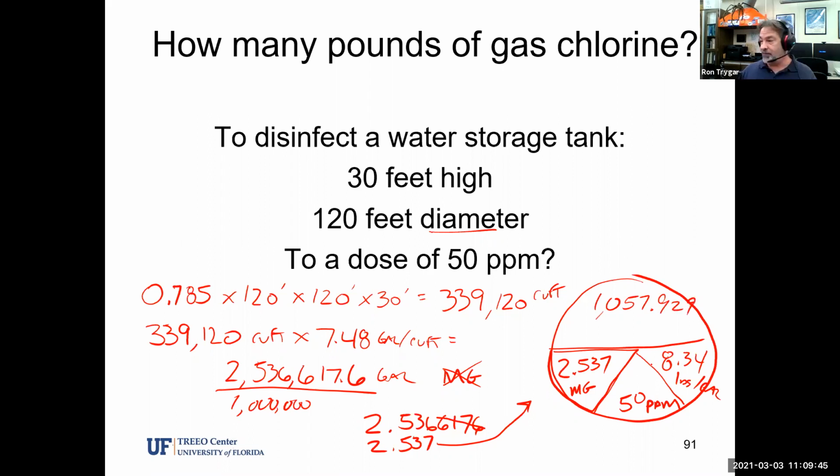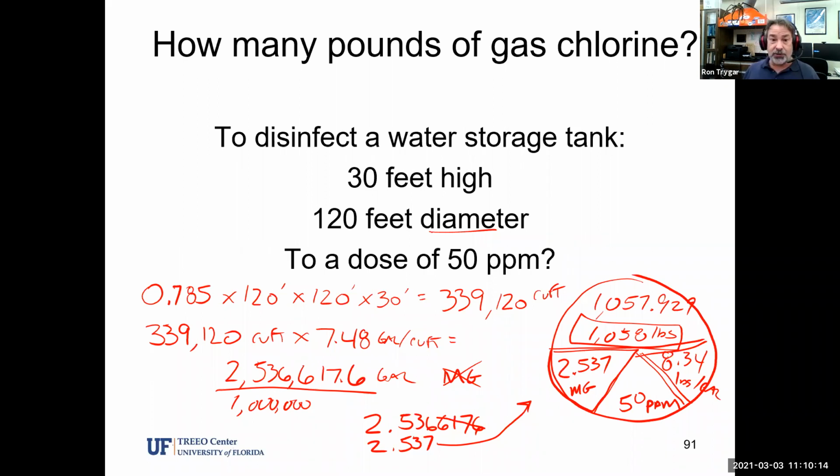For purposes of this math, let's just round it off and say 1,058 pounds of chlorine are needed. So that's our finished answer for this question. We're just multiplying the numbers on the bottom of the pie chart together. We said anything on the bottom always gets multiplied together first, and we end up with the pounds left over, or as the units left.